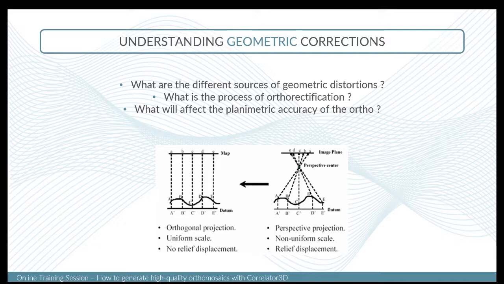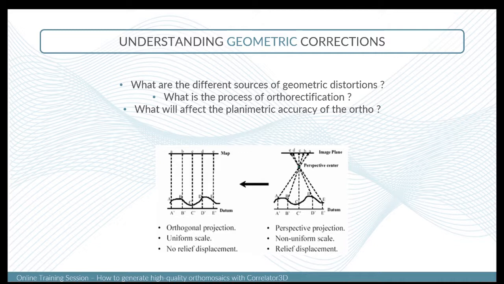So you need to correct those different geometric deformations. So that's the different sources of distortions that you have in the raw images. Terrain, topography, lens, and angle of acquisition will all include some deformation, some distortion in the raw image.